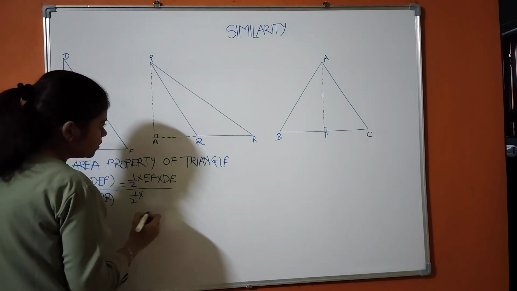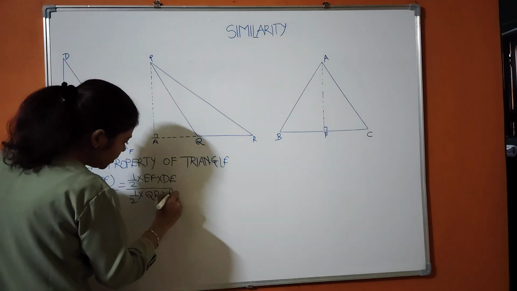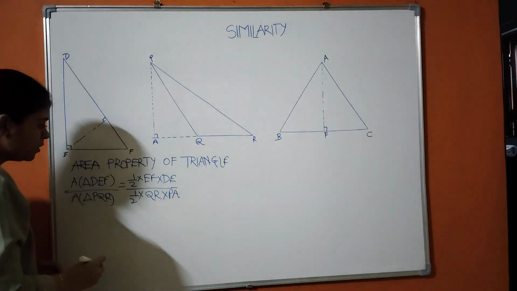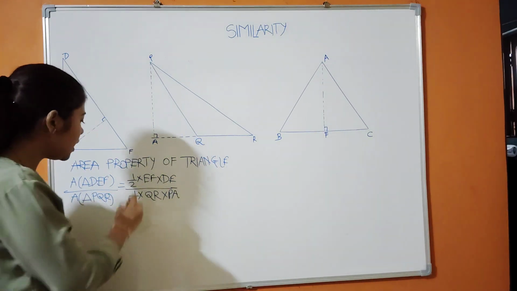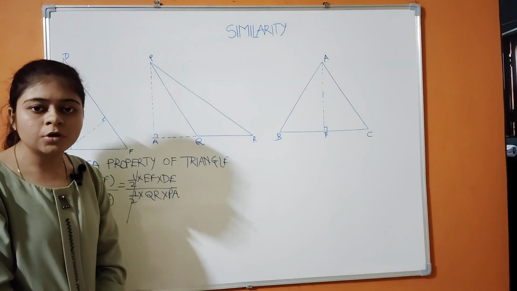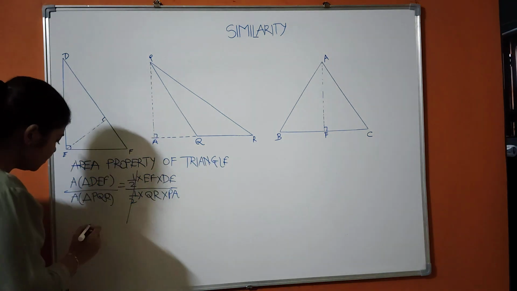And here QR is the base and PA is the height of triangle PQR. Then what would happen? Half would get cut and what are we left with? Product of their corresponding heights and corresponding bases.